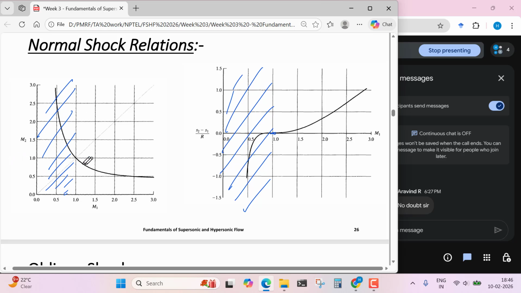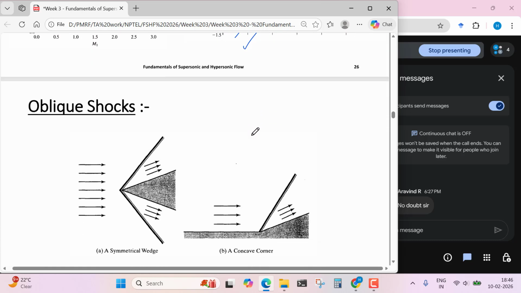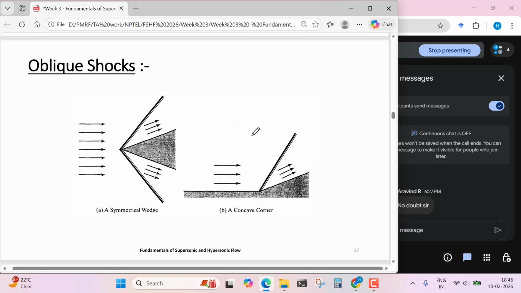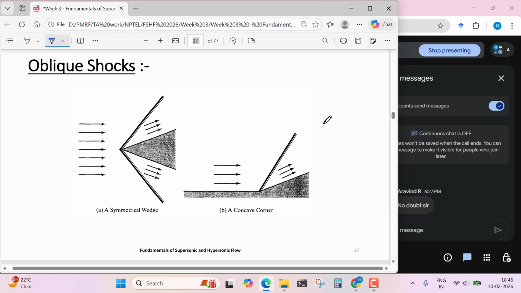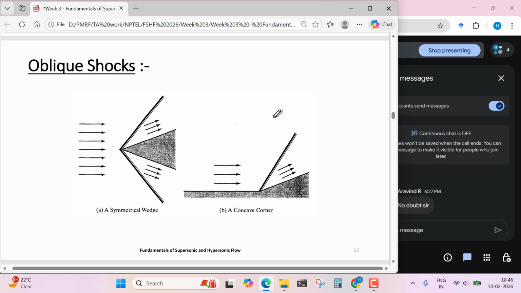This is a mathematical solution only. In physical reality, it does not happen. Is there any doubt till now? Okay, then we will check the oblique shock.